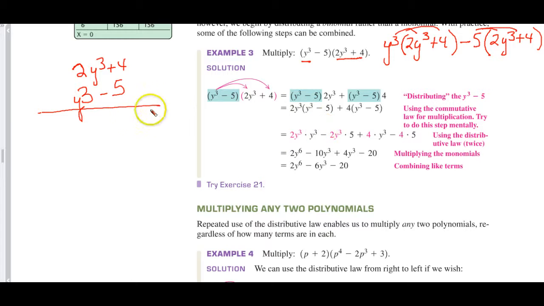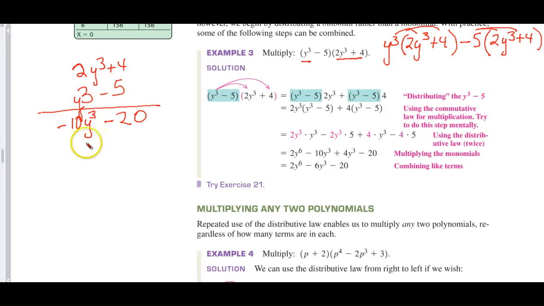In fact, you get the same answer either way, but this way, and this way. Let's look at it this way. Negative 5 times a positive 4 is a negative 20. A negative 5 times 2y to the third is going to be a negative 10y to the third.